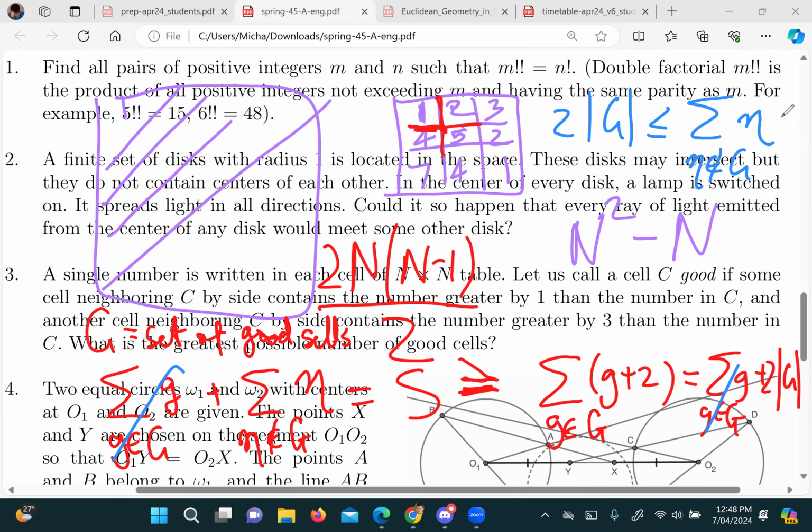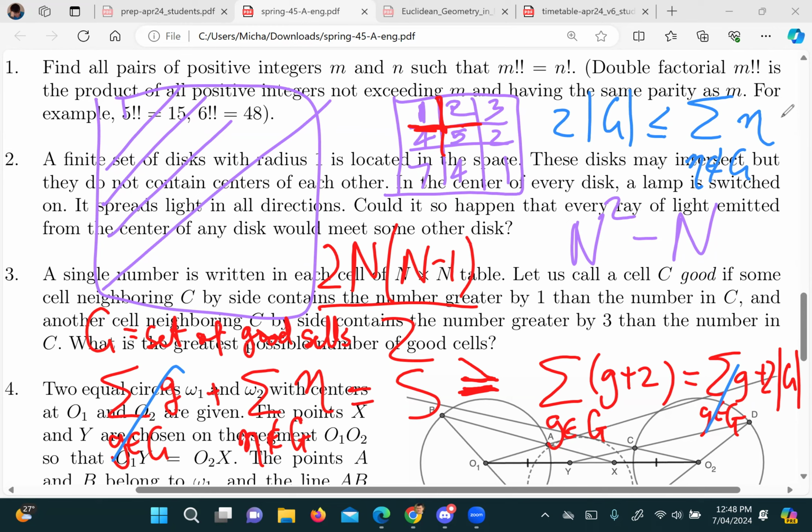If we add the same number to all the numbers, the problem should still be true, right? But here that's a bit weird, because what if we subtracted and made all the numbers negative? Then we seem to have no good cells ever. There's something weird about that, right? So that's one thing.